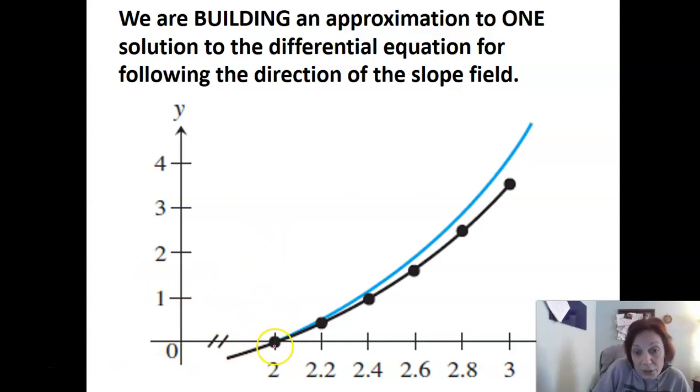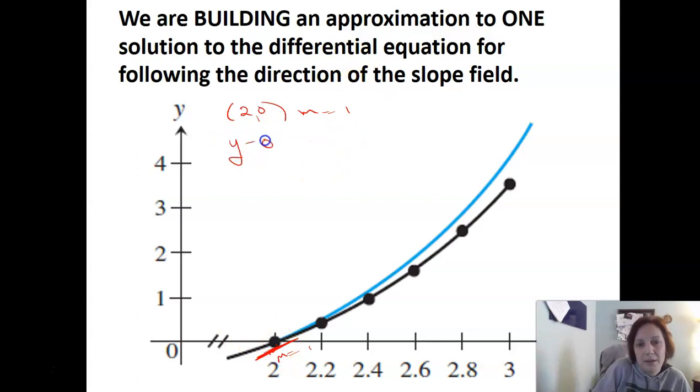Okay. What we're going to do is write an equation for a tangent line right here. So I'm going to say, let's say that the slope right here is 1, just for fun, right? So I'm at the point 2, 0, and I have a slope of 1. I can write the equation for this tangent line right here.